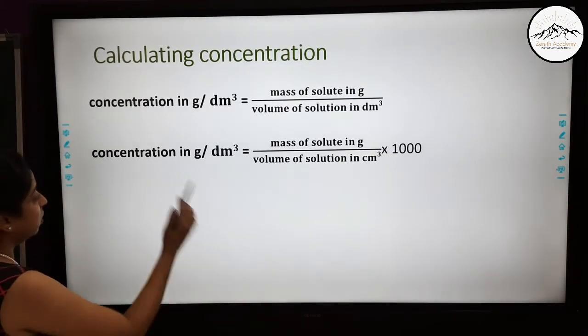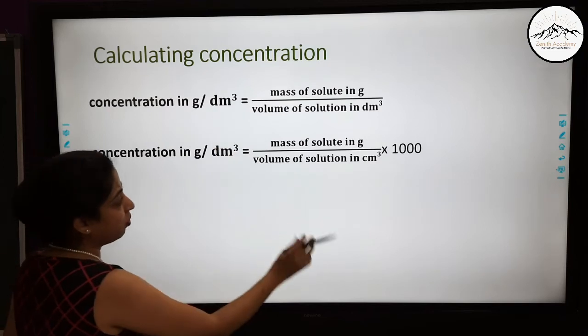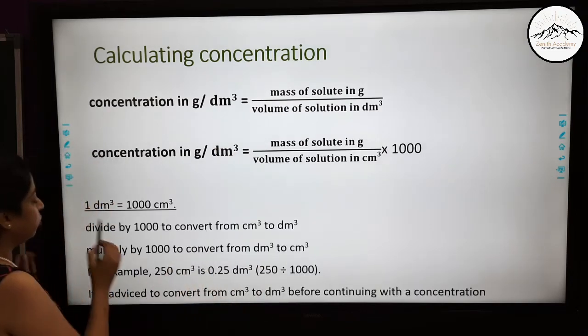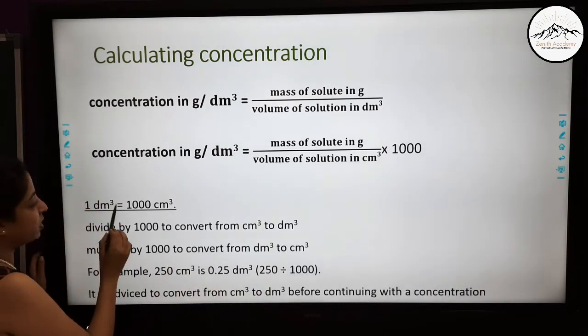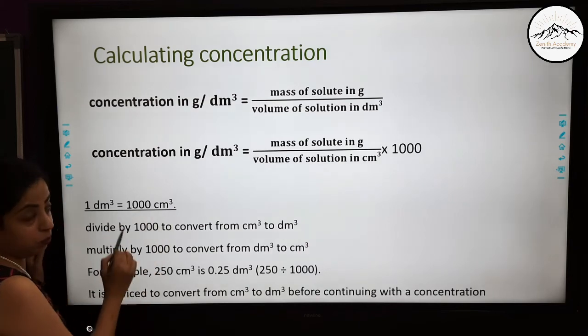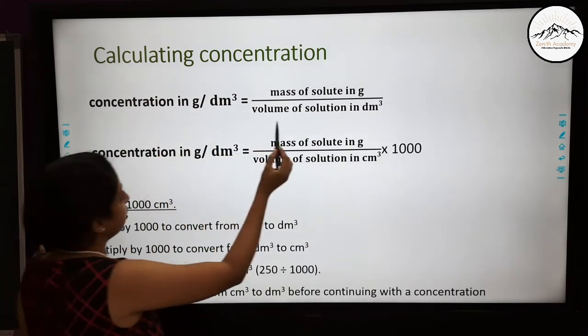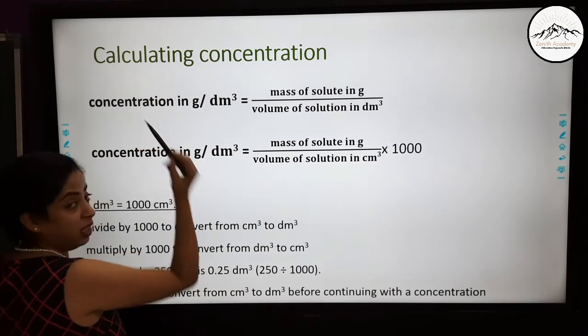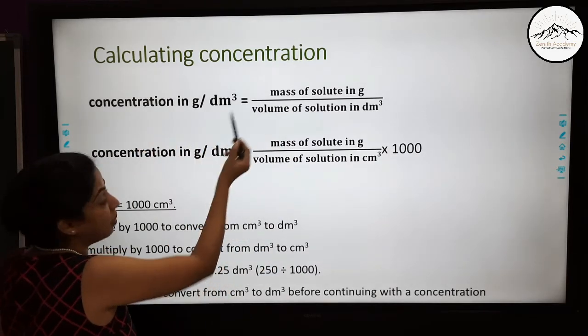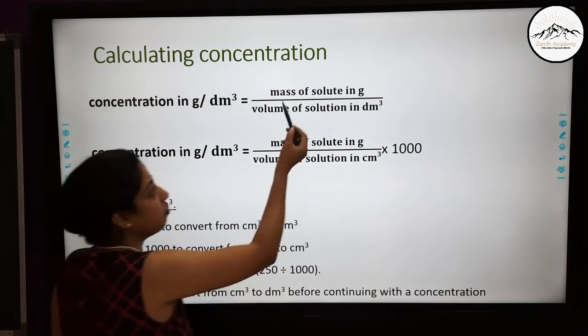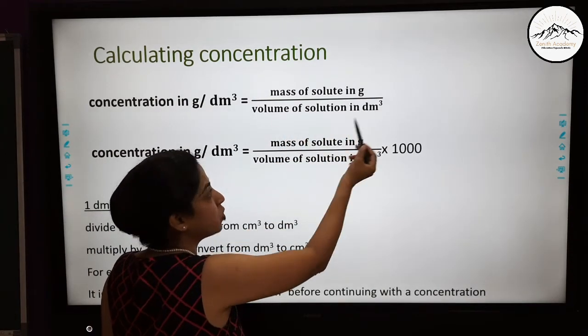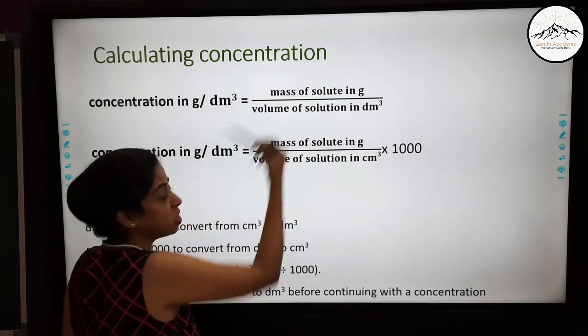This is the formula we already studied, but you should know that 1 decimeter cube is equal to 1000 centimeter cube. So in your question, if they ask you to find the concentration in gram per decimeter cube, and they have given the mass of solute in grams and the volume of solution in decimeter cube, then you will use this formula.